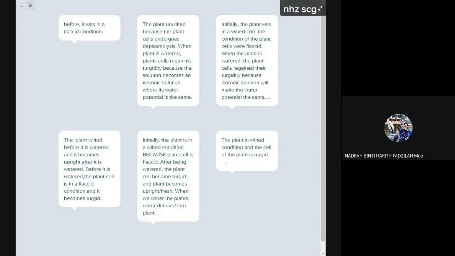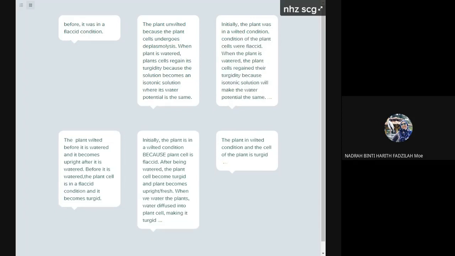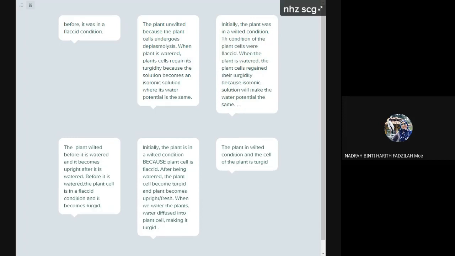Number 5, the plant cells have enough turgor pressure. Number 6, the plant becomes upright. Okay, the plant cells provide enough turgor pressure to support the plant to stand upright.